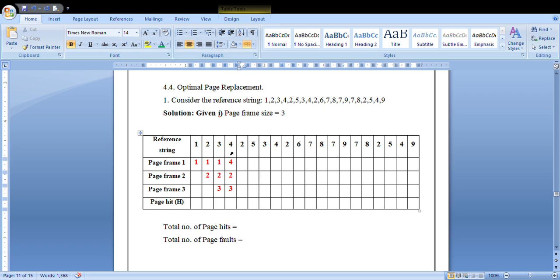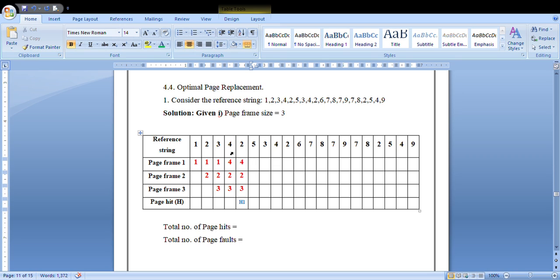Next is 2. Here 2 is already existing in the page frame, so you are not going to replace anything, keep it as it is, and this is your page 1. Next is 5. Here you need to replace the oldest page. Here 2 is the oldest one, check for the next 3 values.